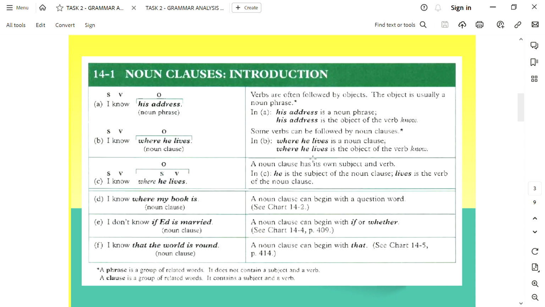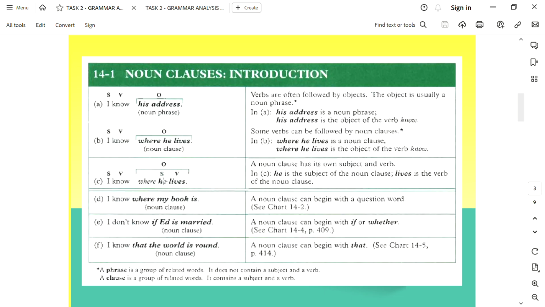Where he lives is the object of the verb know. Example C. I know where he lives. A noun clause has its own subject and verb. In C, he is the subject of the noun clause. Lives is the verb of the noun clause.